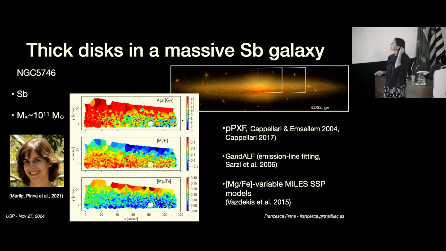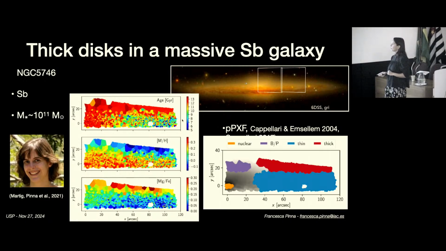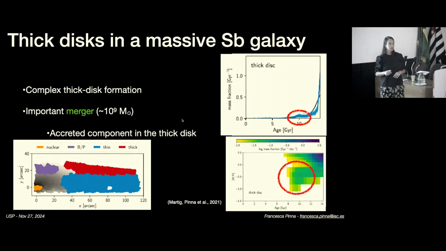So we found in this galaxy this old, metal poor, alpha-enhanced thick disk, and when we extracted the star formation history of the thick disk in a similar way to what I showed earlier for the lenticular galaxies, we also found a main very old component, but then a little bump here, a bit younger.